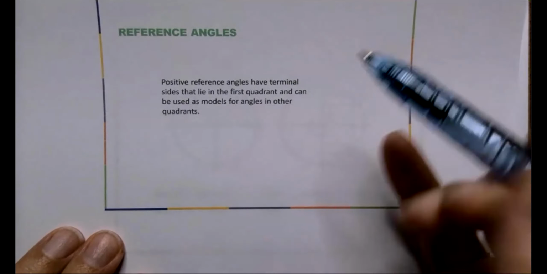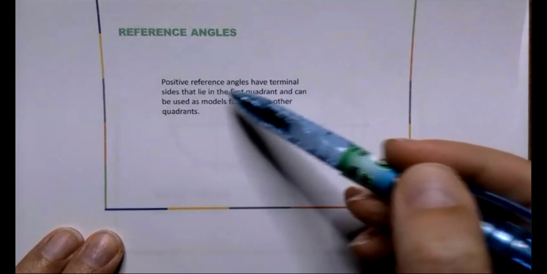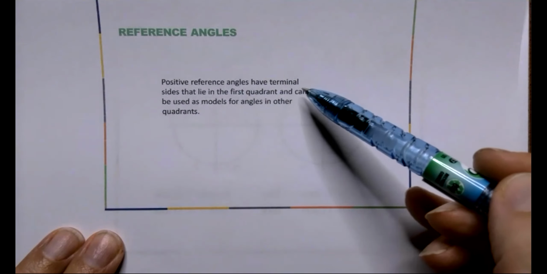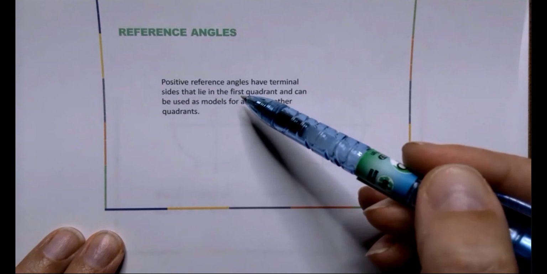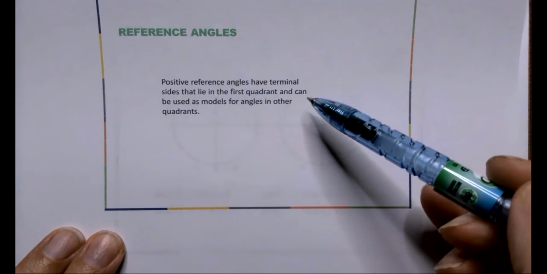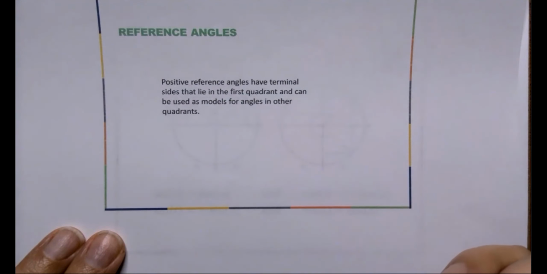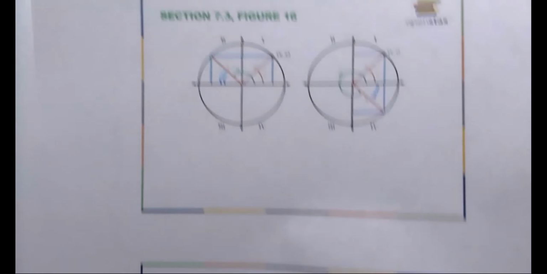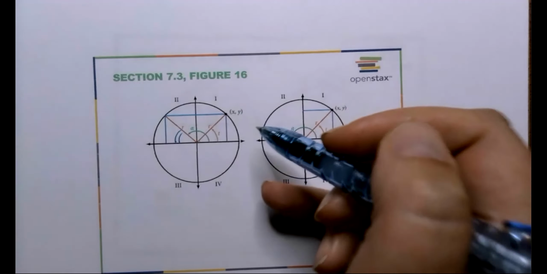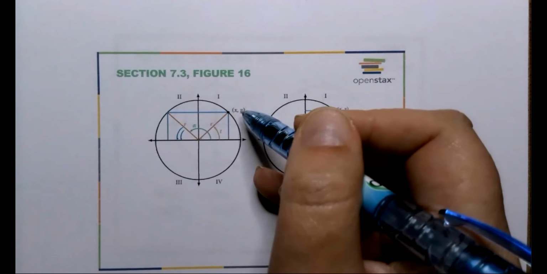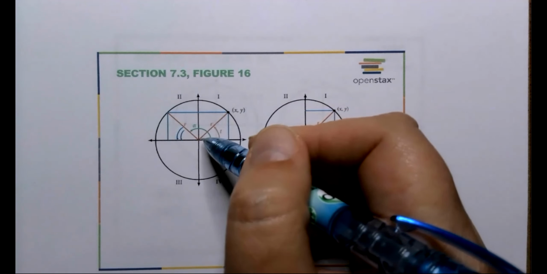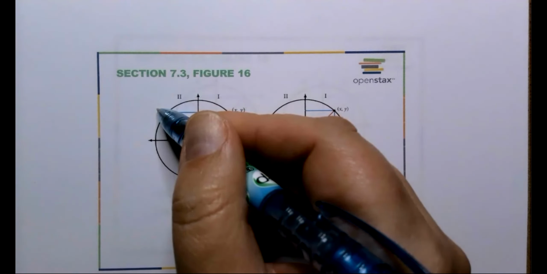So here's the idea. Positive reference angles have terminal sides that lie in the first quadrant and can be used as models for angles in other quadrants. So how are they used as models? Here's an example. We have the angle in the second quadrant.